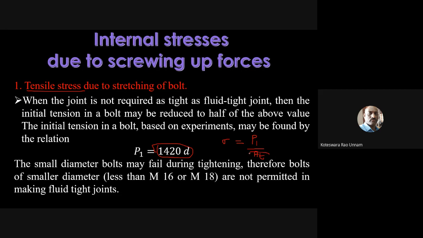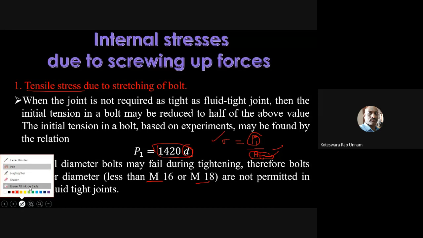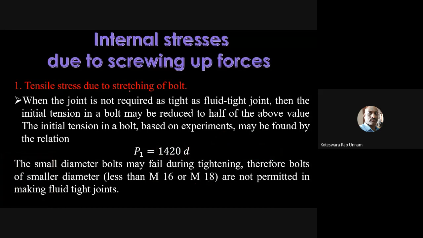You can take the tensile stress area from the data book corresponding to the nominal diameter, whether it is M16, M18 or M20. From that you pick the AT value, then compute the tensile stress, which is given by the load due to initial tightening divided by the tensile stress area. That is the formula to compute the tensile stress due to initial tightening.